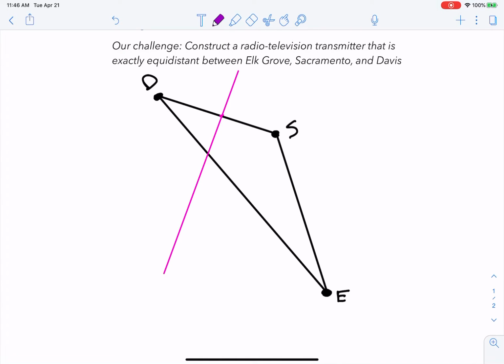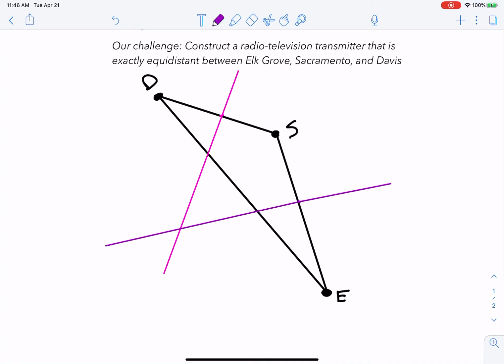And I'm going to try to guesstimate maybe right there. It looks pretty close. So I'm going to go out here. And that way, perhaps not quite perfect, but notice that eventually these two perpendicular bisectors are going to cross.